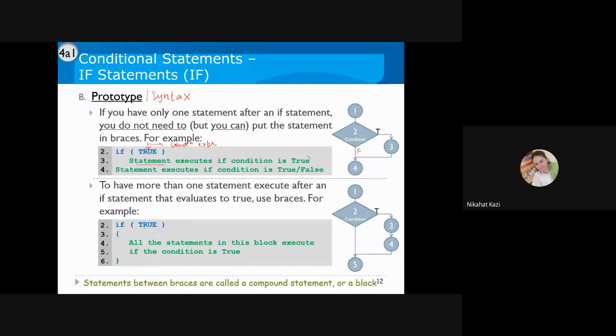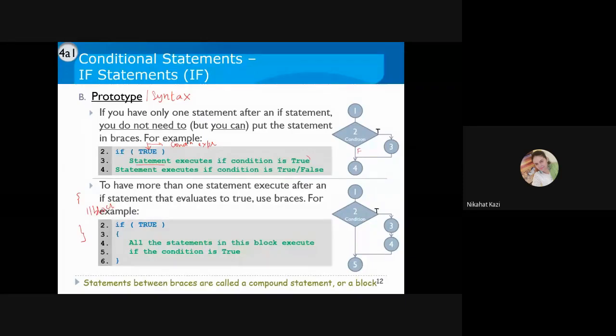Similarly, if you have more than one statement which you want to execute in case of an if, then you have to put those statements inside what is known as a scope or a curly bracket. In C, this pair of curly brackets is known as a scope, or a block.